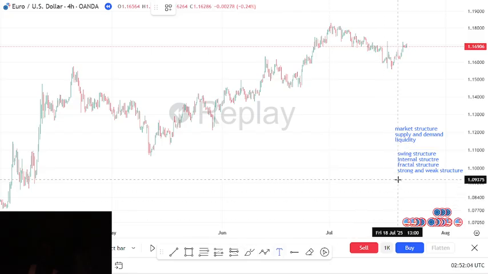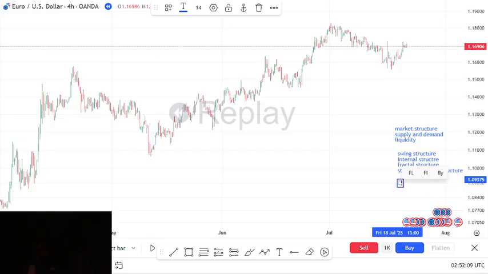I think within supply and demand, we will add flip zones, and we will add our flip zone, and then we have structural break.